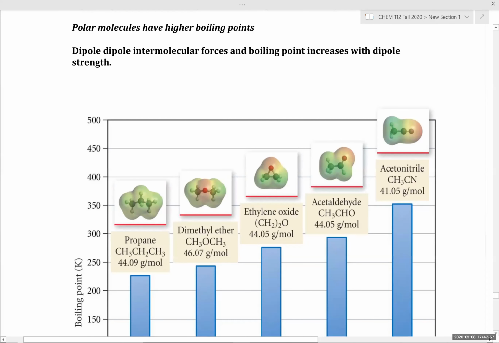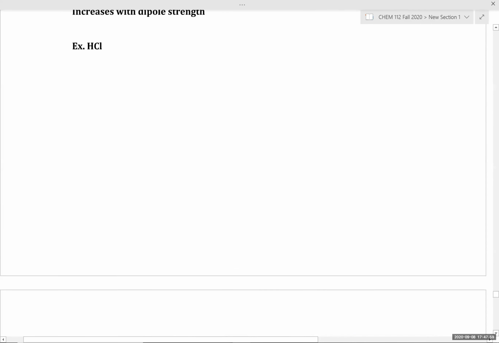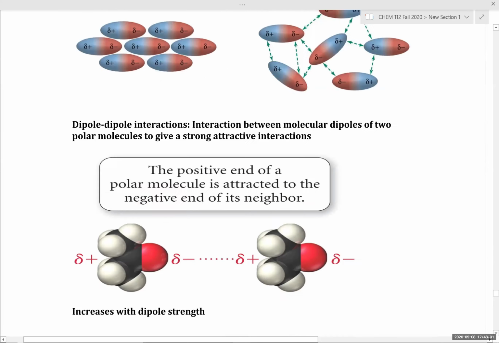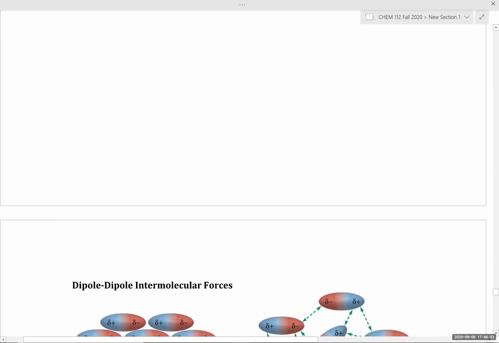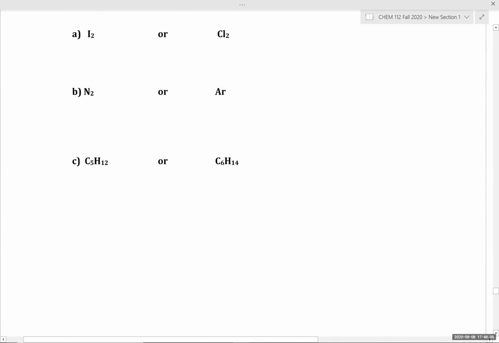Allow me one moment, just so that way the Zoom call can sync up with the screen that I am projecting.